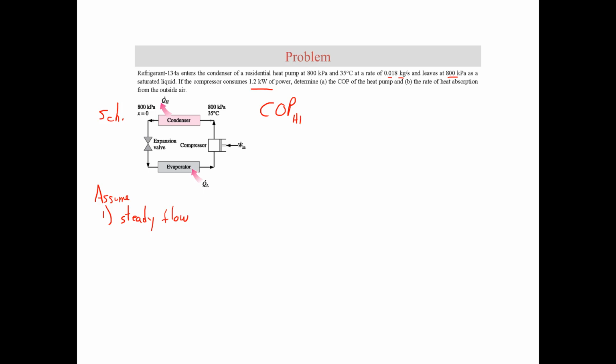If you remember, the coefficient of performance for a heat pump is quantified as the rate of heat rejection from the cycle divided by the work in. This is the cycle that I'm circling with this boundary, right? That's the whole cycle. This is the heat that the cycle is rejecting. This is the heat that the cycle is accepting.